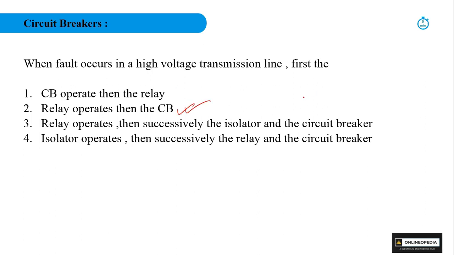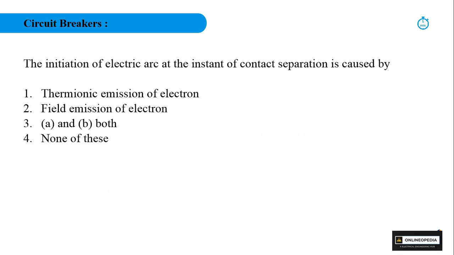So first the relay senses the fault, then it sends a signal to the circuit breaker to isolate the faulty part from the remaining healthy part of the system. Option 2 is correct.